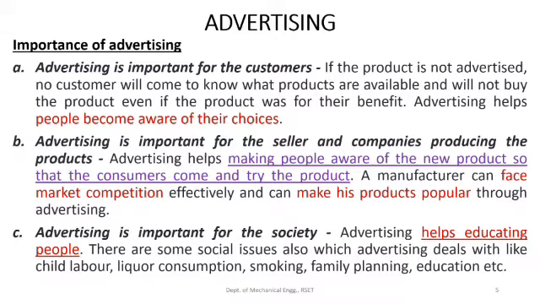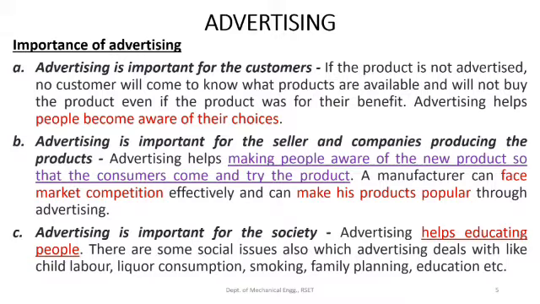Advertising at the same time is also important to society. It helps in educating people. There are some common issues that advertising also deals with, like child labor, liquor consumption, smoking, family planning, education, etc. So advertising plays a very important role in making the society aware of certain social concerns or social issues.